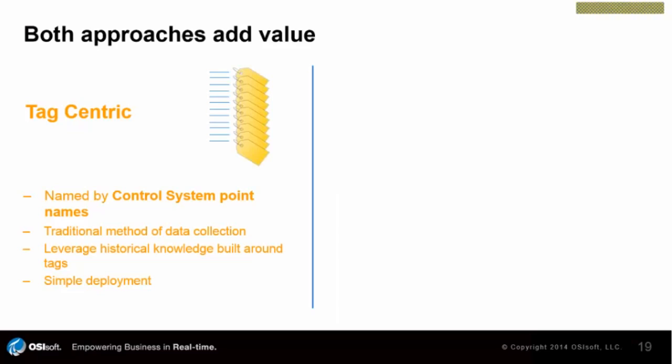As you know, when you're working with a control system, every piece of data in a control system is a control system point of one form or another. So historically, when you work with this kind of data, you're really in what we call a tag-centric world.